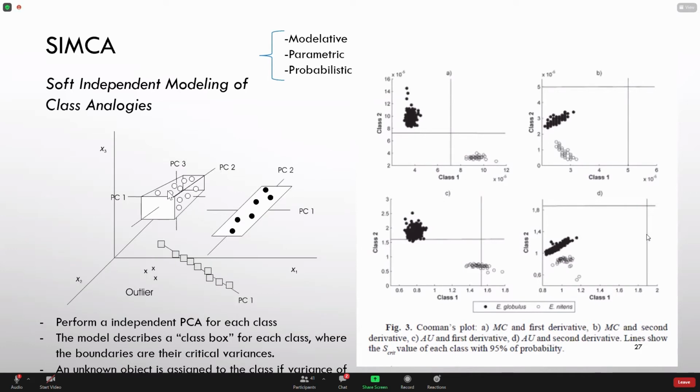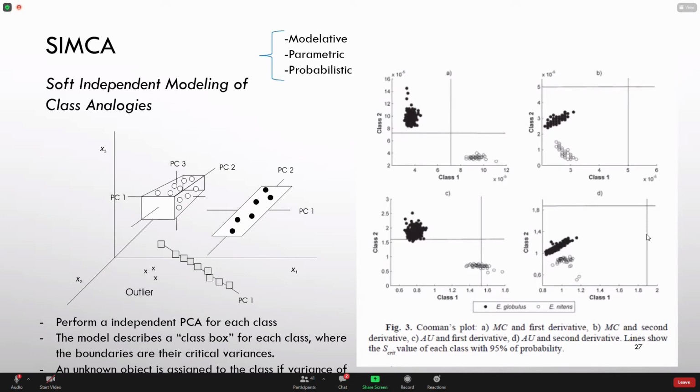This class box has a cloud of probabilities. And also this probability cloud will have boundaries defined by a value of variance.